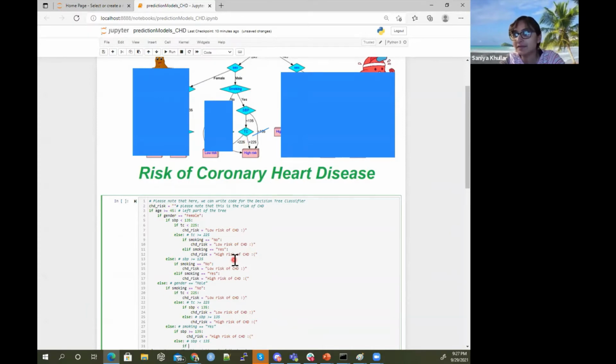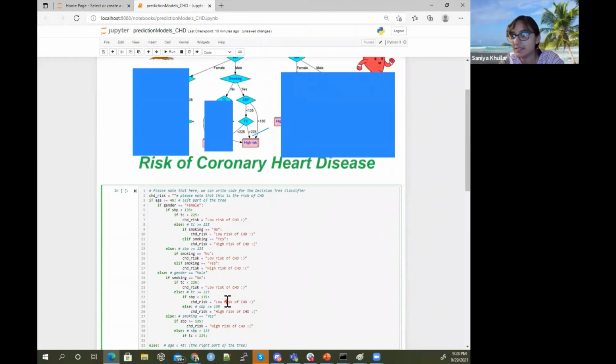If TC is less than 225, then you're low risk of CHD. Else, that means that your TC, your total cholesterol, is greater than or equal to 225.